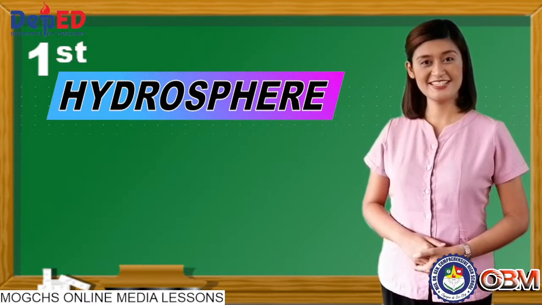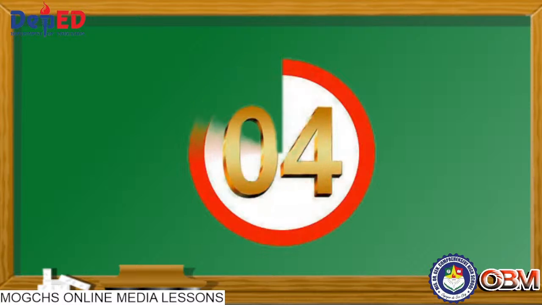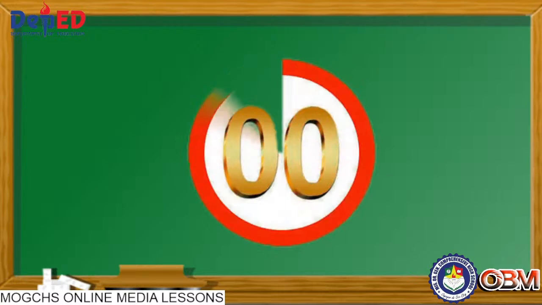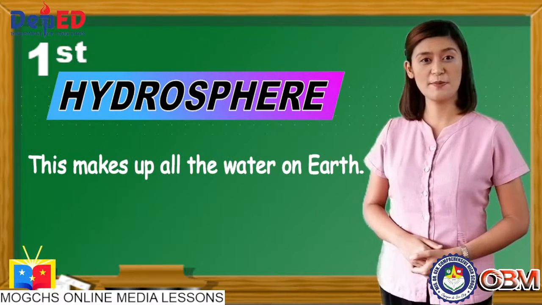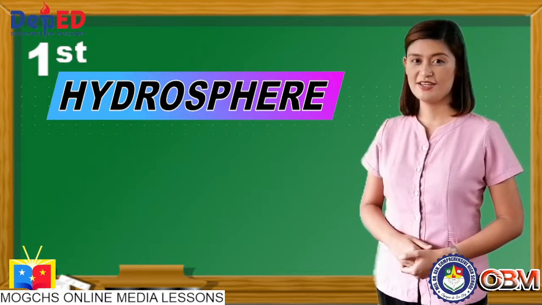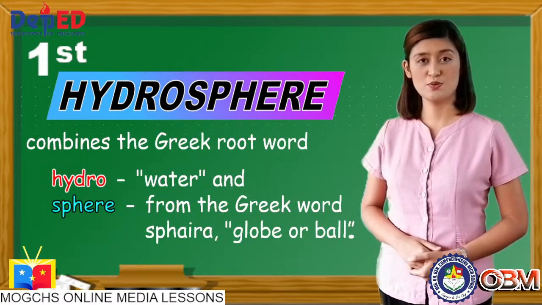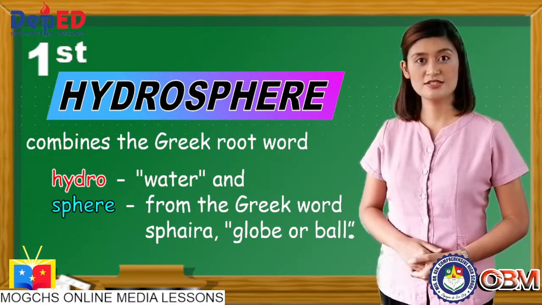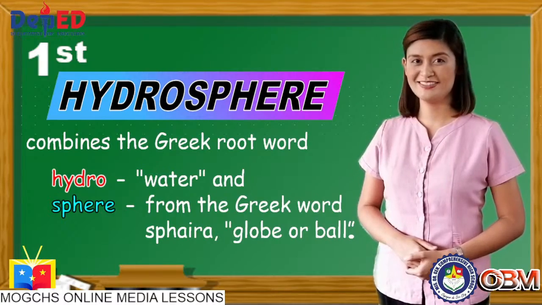Do you have any idea what hydrosphere is? Yes, you got it right. This makes up all the water on Earth. Hydrosphere combines the Greek root word hydro, which means water, and sphere from the Greek word spira, which means globe or ball.